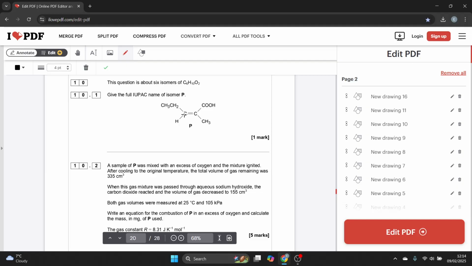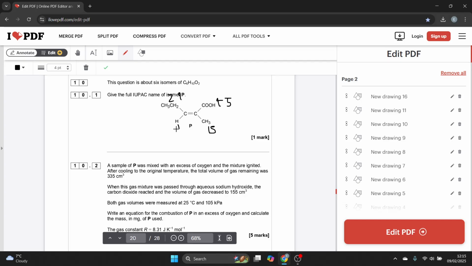So we're going to have to look at the Mr values. Mr of CH3 is 15, Mr of this is 12 plus 16 plus 16 plus 1, 45. Mr of this is 12 plus 3 plus 12 plus 2, 29.